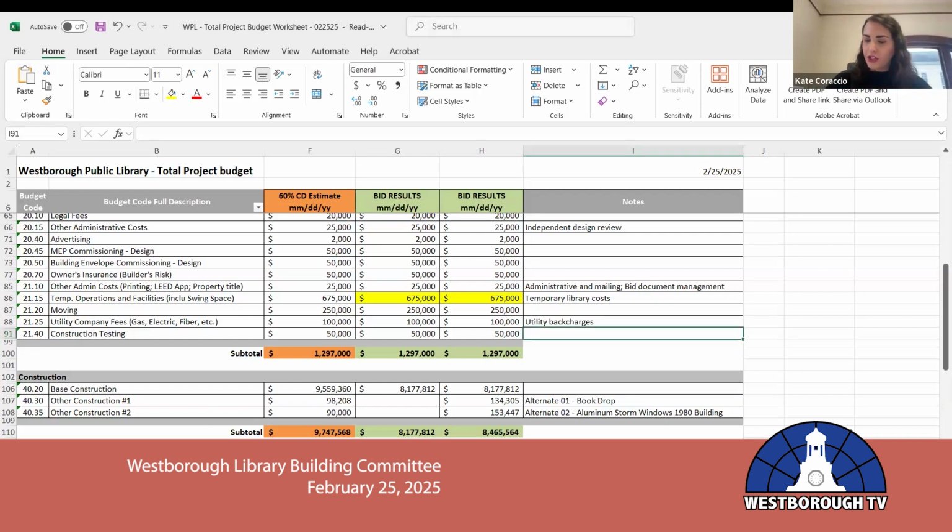I just had a clarifying question about that line, the operations and facilities. Our line items in our budget that pay for our facilities costs, our maintenance lines, our HVAC lines, in the latest version of the budget, they are actually getting lowered because we're moving into temporary space.